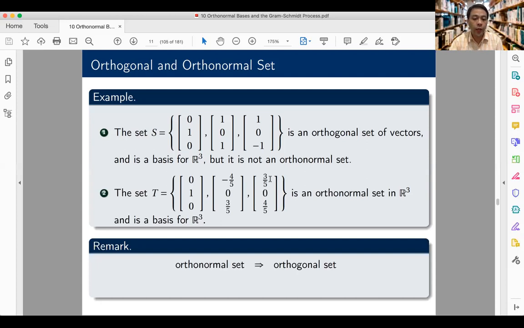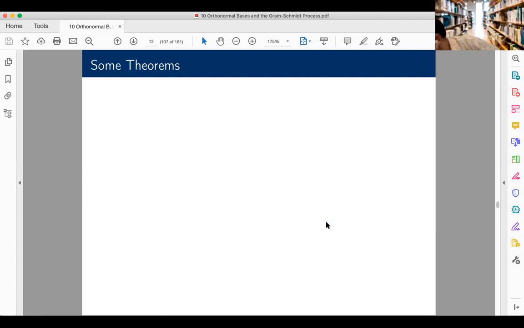So take note of the following. An orthonormal set is automatically an orthogonal set. However, an orthogonal set is not necessarily an orthonormal set. So let's have some theorems.